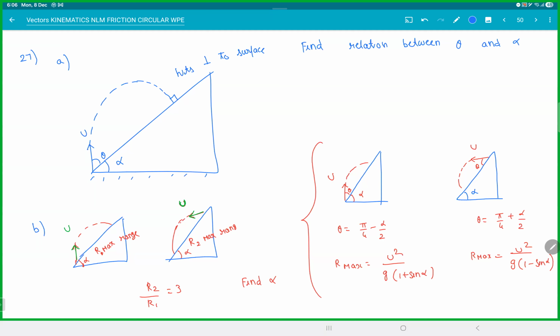How do we do incline problems? We resolve the acceleration along the incline and perpendicular to the incline. Remember, you treat those as x and y axes.